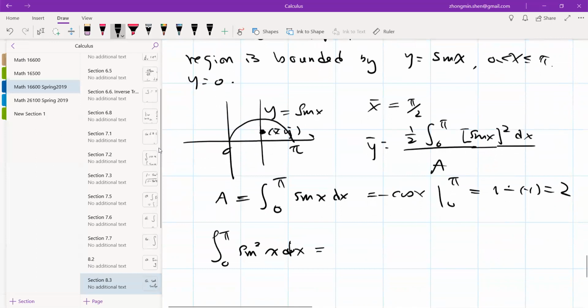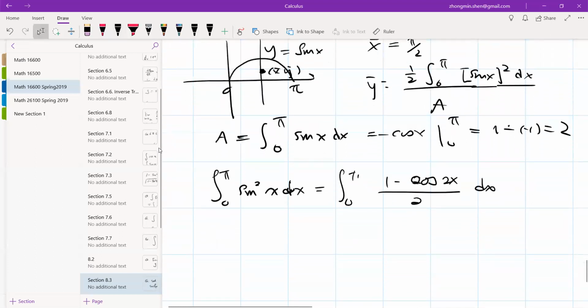Okay. I'm going to find this. I think it's going to be sine squared, which is going to be 1 minus cosine 2x over 2 dx. Okay. So the antiderivative, the first one is half of x.